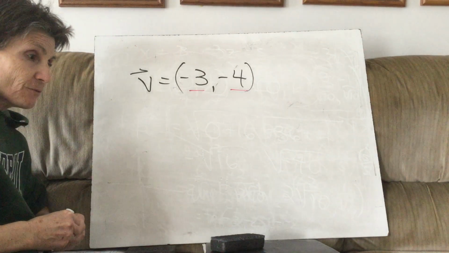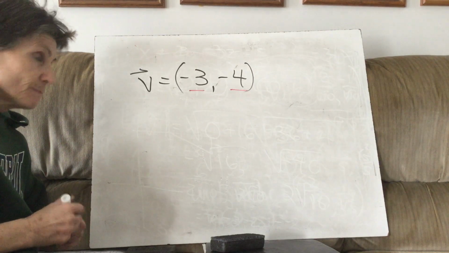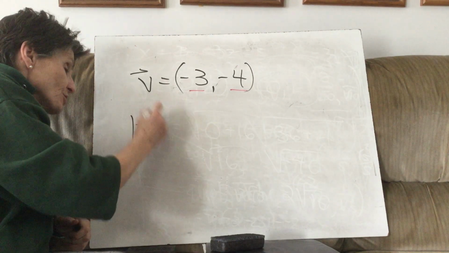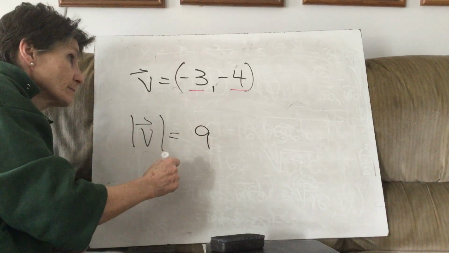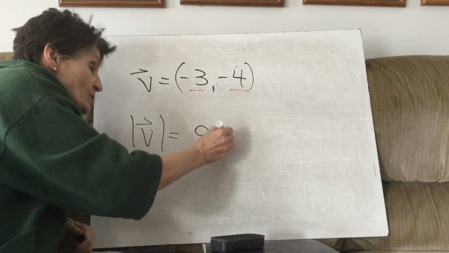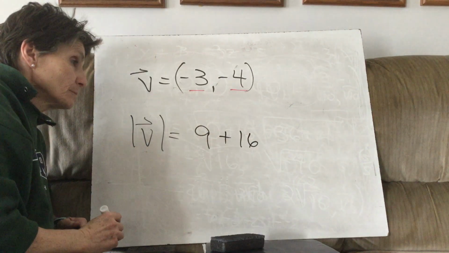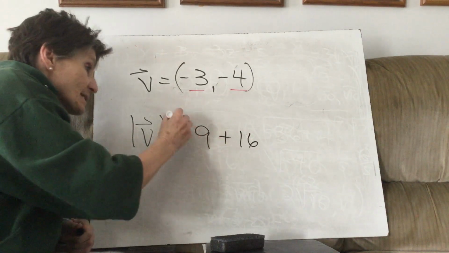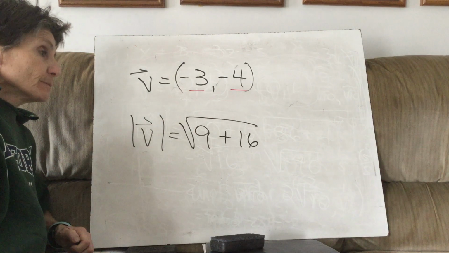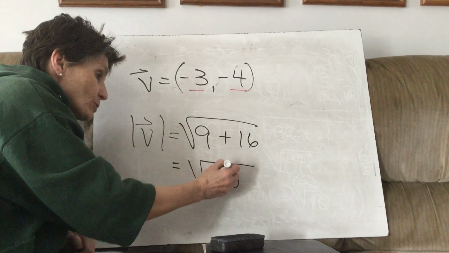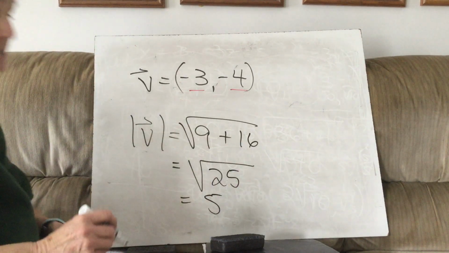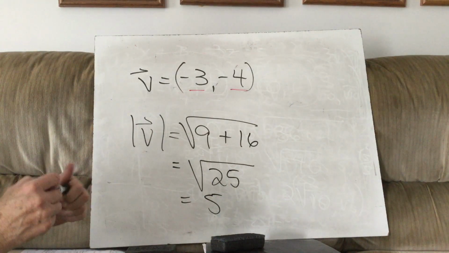So hopefully you haven't forgotten how to find magnitude. But to find magnitude, we simply square the first number. We square the second number. We add them together and take the square root. So the magnitude would be the square root of 25, which is just 5 this time.